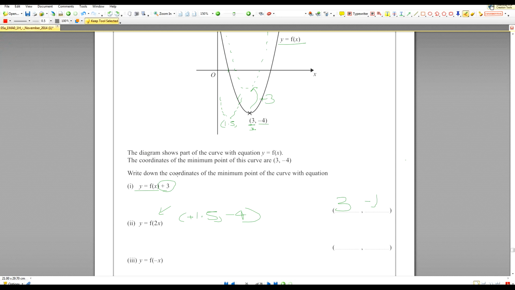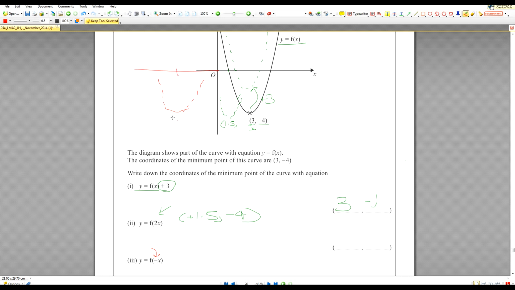Now, when we put the minus inside the function, normally the minus outside is a reflection in the x-axis, but a minus inside the function itself is a reflection in the y-axis. So in a sense, we can get this kind of effect. This original curve will go across the y-axis.